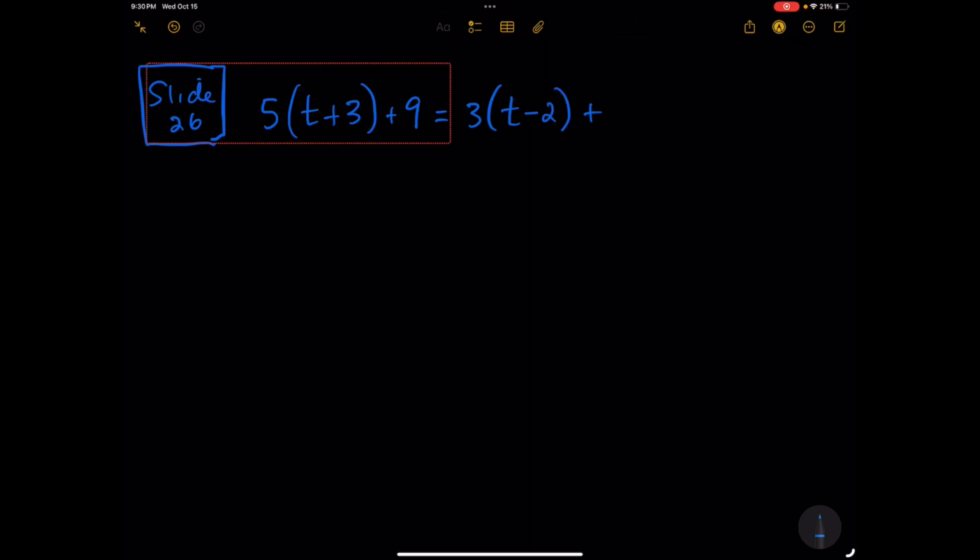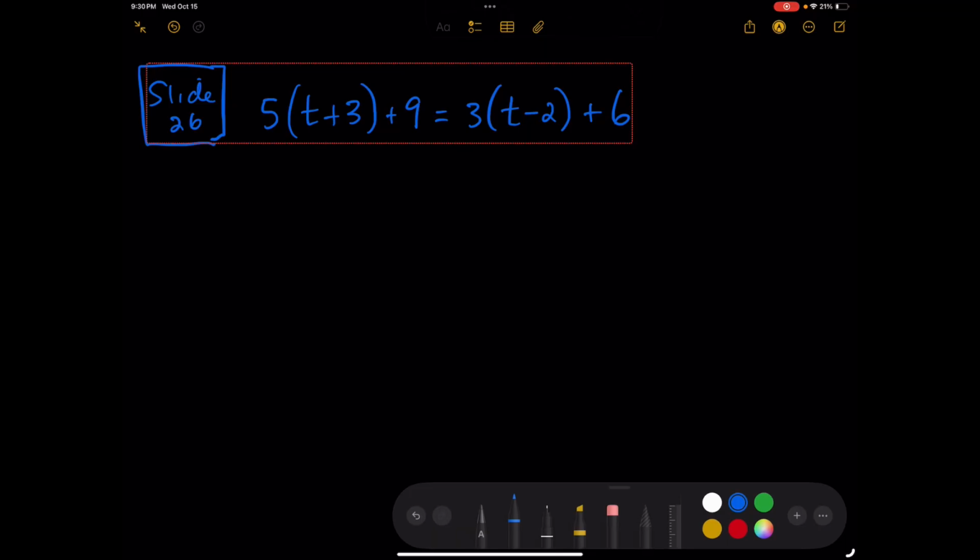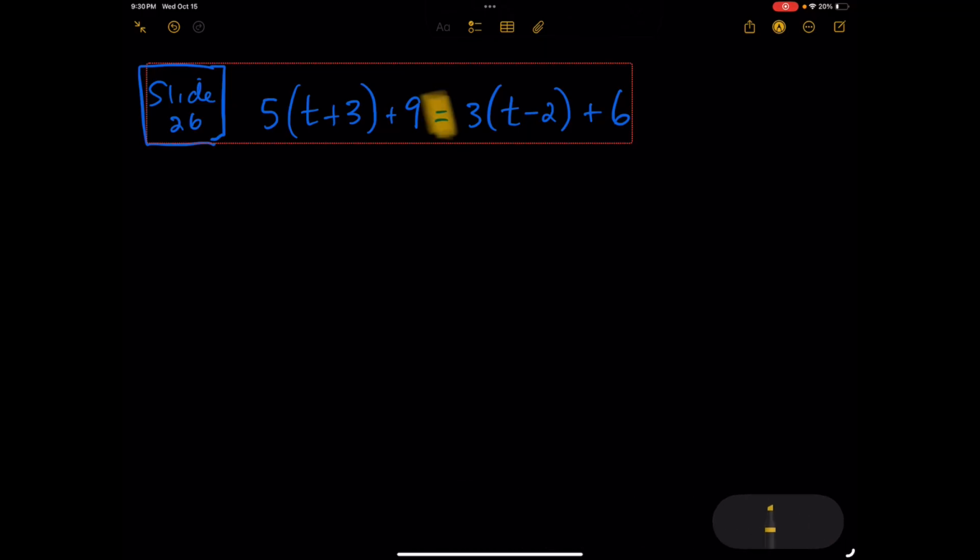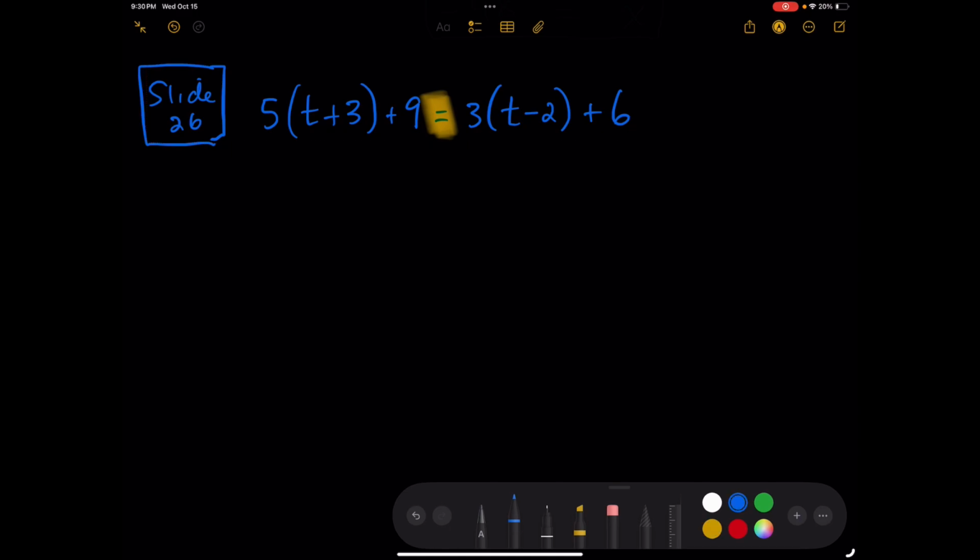Okay, and the example is 5 bracket t plus 3 plus 9 equals 3 bracket t minus 2 plus 6. And this is an equation, and I know it's an equation because it has an equal sign. So that means it's an equation.